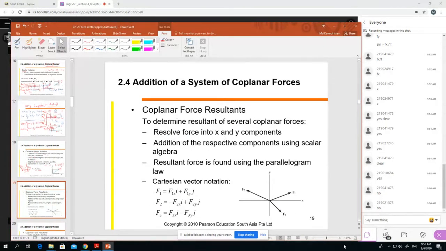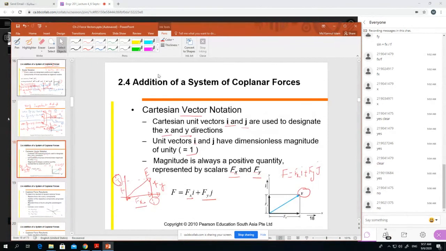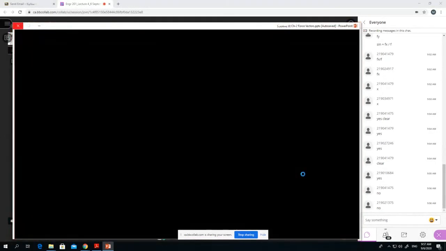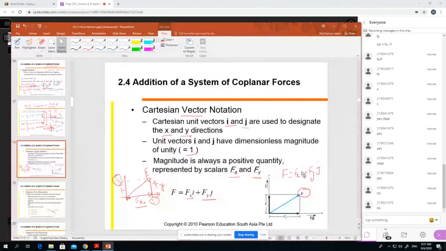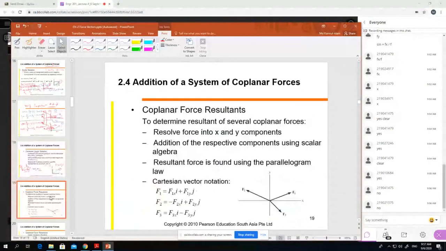The next slide is coplanar forces resultant. Here is a simple thing, right? You see, here we have F1. We just learned a resultant force. We can write down the summation of Fx i plus Fy j. If we learned it right now, can you tell me F1 equal to what we can write?